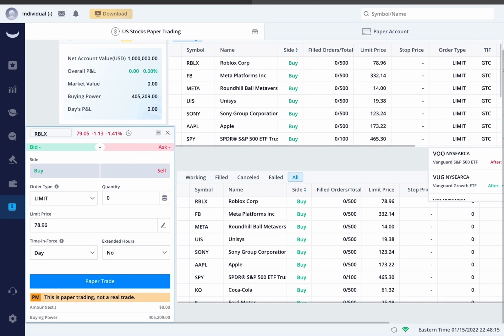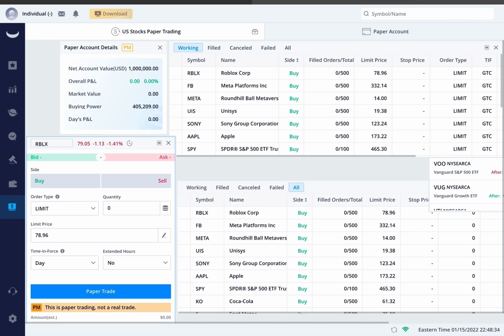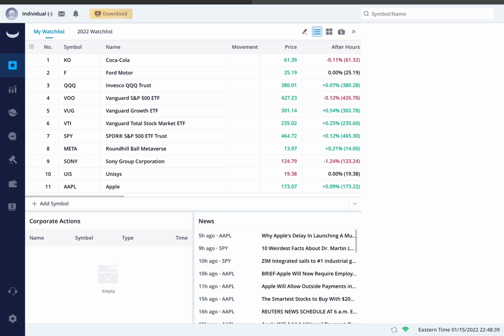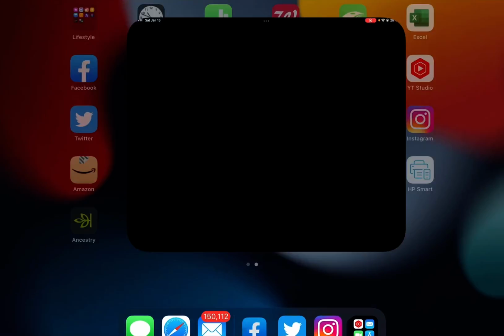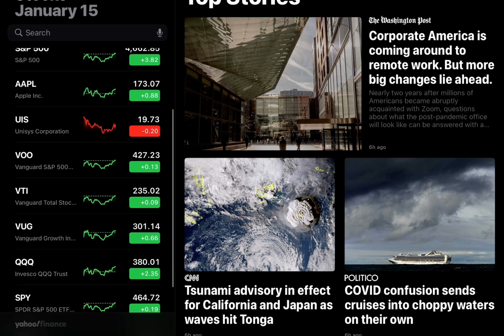The next thing is there's Roblox, and then there's another company that is associated with Roblox, but I can't think of it right now, so I'll do it later. But these are all the companies or ETF funds, exchange traded funds, and stocks that I'm going to purchase for right now. Now I'm going to go over and see what the other company is that I'm thinking about. Let me go over to my stocks here and see if maybe I have it listed here.